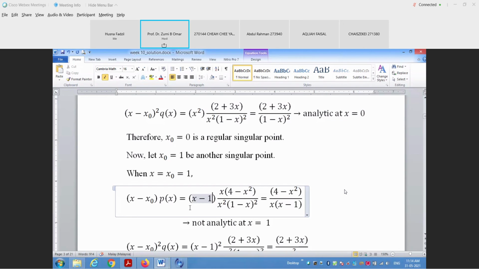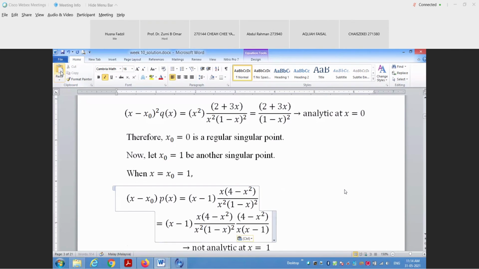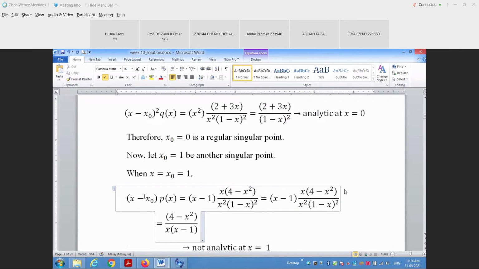Here we can write it down like this. So this one will be equal to minus, this one will become 1 minus x, so this one will be minus there.